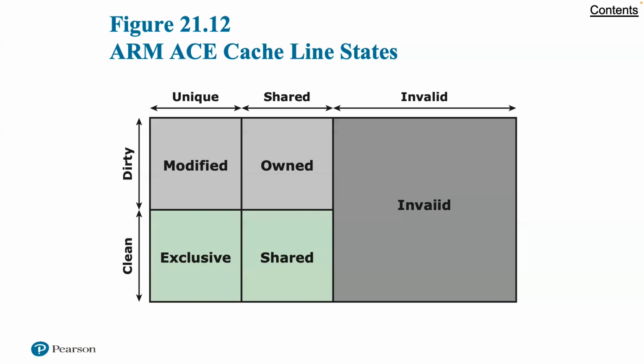The shared/dirty state is then used to indicate which cache has responsibility for writing the data back to memory, and shared/clean is more accurately described as meaning data is shared, but there is no need to write it back to memory. The ACE states correspond to the cache coherency model with 5 states known as MOESI, M-O-E-S-I.